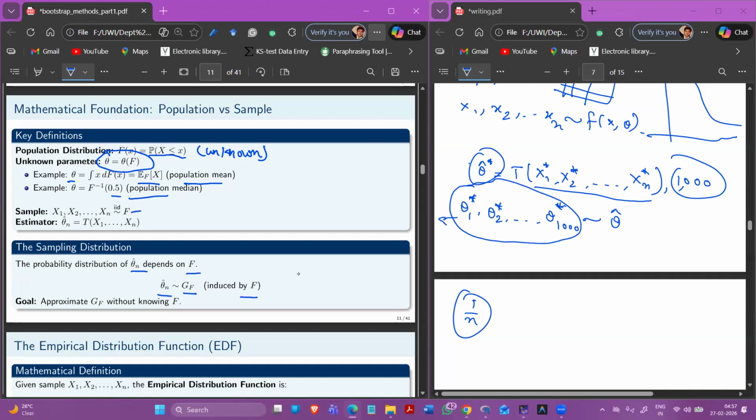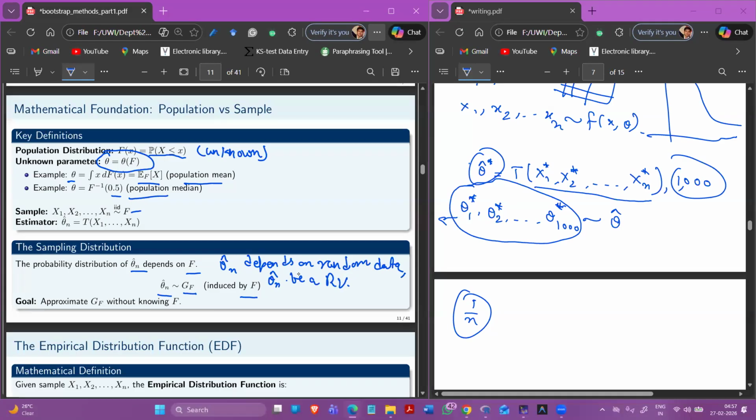Our goal is to approximate G_F without knowing the F. What it means, when we say that G_F is a distribution induced by F, is that theta cap n depends on random data, and theta cap n will be a random variable.